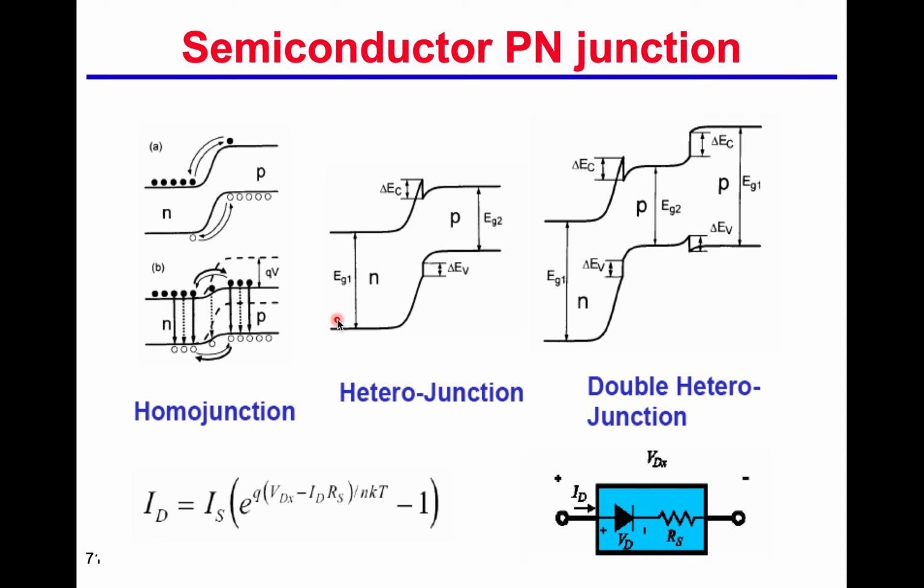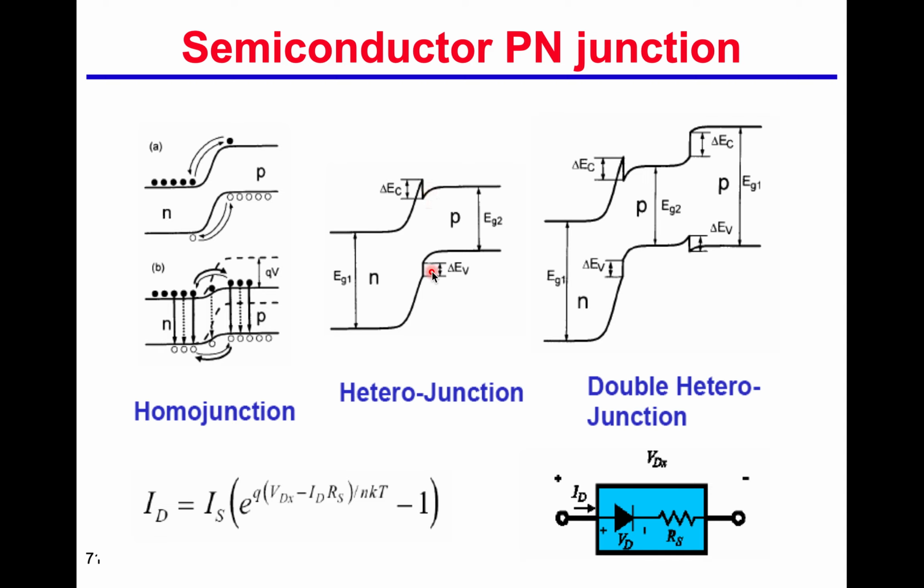So one way to avoid that is we introduce the heterojunction material, which means, for example, here we have a larger bandgap N-type material and a smaller bandgap P-type material. So the hole will go inside, and that is blocked somewhere here. Because the N-type material has a larger bandgap compared to the P-type material, the electron will be confined in this region, so holes and electrons have more probability to meet each other.